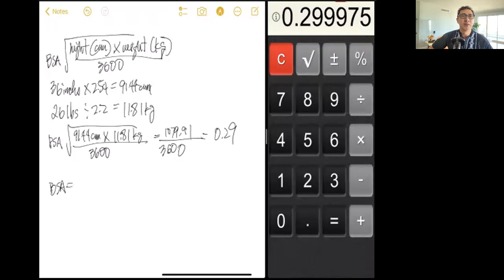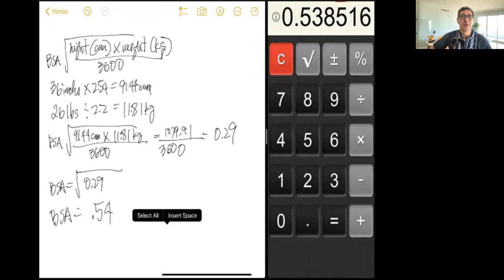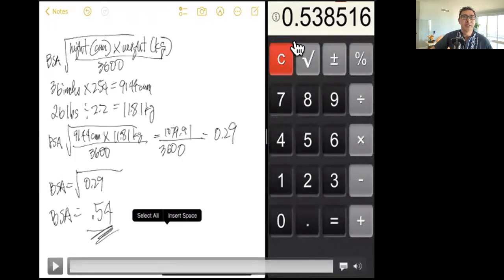Oh, I didn't give you instructions to round it off there because I'm not done. We've got to take the square root of that. And there it is, 0.53 or 0.54, if I'm going to tell you to round it off to the nearest hundredth. If you're not familiar with how to use the square root button on your calculator, it's this little button right here.